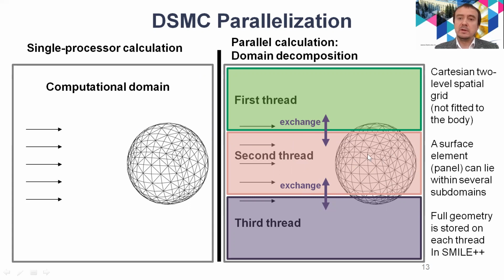Look at the very important thing: normally we do not use a body-fitted mesh. Many DSMC codes use Cartesian grids, and any surface element, any surface panel, triangle can even lie in different subdomains. And this is a really normal thing.